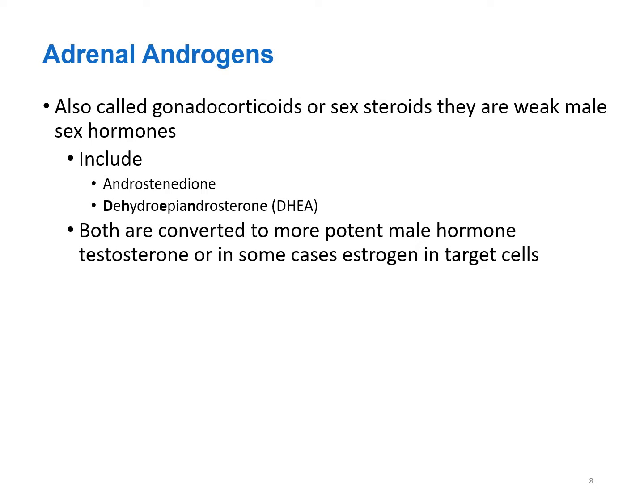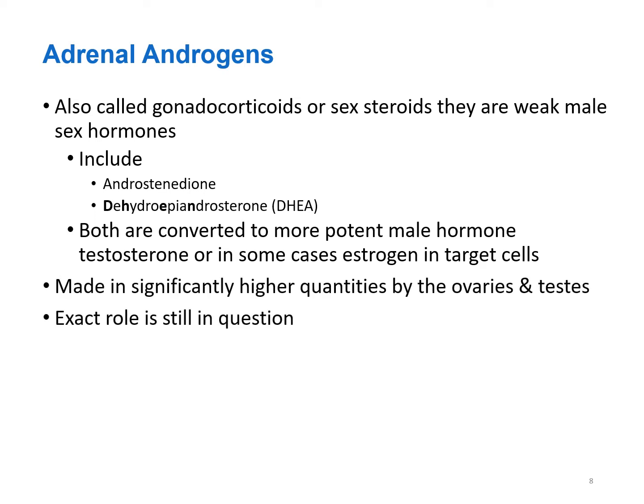Both, when released into the bloodstream and when they interact with their target cells, are converted to either the more potent androgen testosterone, or in some cases, they are converted to estrogen. There's a lot that we don't know about the role that these adrenal androgens play in the human body.